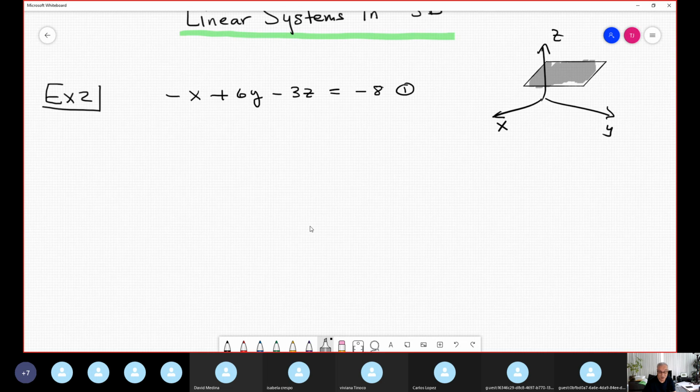This is Cal 3, not pre-calculus or algebra. Okay, you don't worry about this.